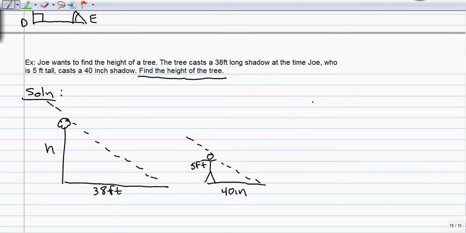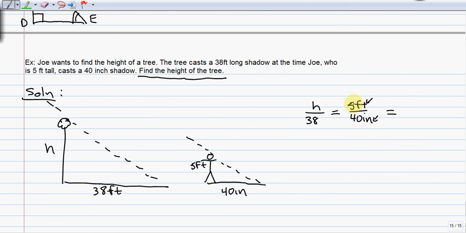We should get something like h over 38 is in the same proportion as 5 feet over 40 inches. Now, in order to make this work, we need to get the units to be the same. We have feet and inches here, so we need to get everything into the same units. We need to convert 5 feet into inches or 40 inches into feet.